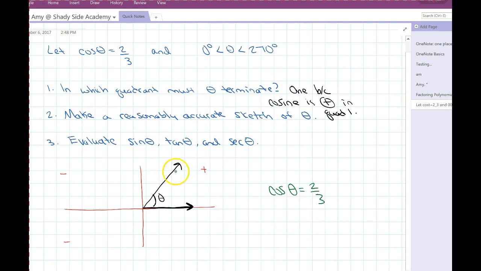Well, let's see. If I just drop an altitude here and create a right triangle, if the cos of theta is 2/3, that means that the adjacent side would equal 2 when the hypotenuse would equal 3. Okay, and now I have the hypotenuse and the leg of a right triangle, and I know then that the opposite side here is the square root of 5.